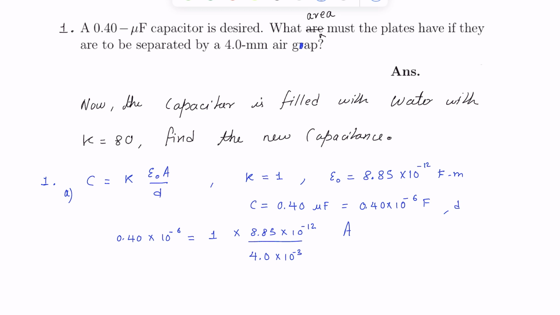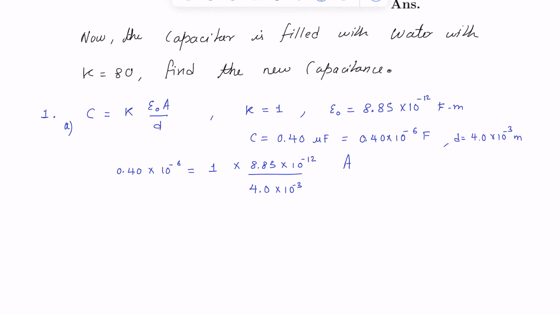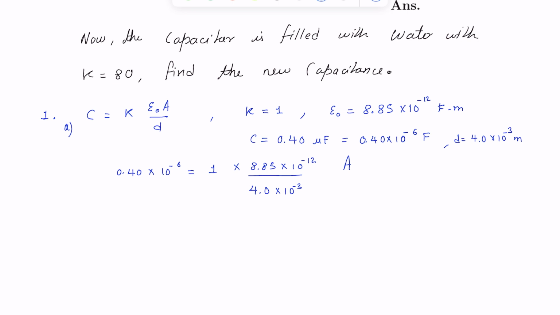D equals 4.0 times 10 to the minus 3 meters, because it's 4 mm. You multiply both sides by 4.0 times 10 to the minus 3, divide both sides by 8.85 times 10 to the minus 12, and if you do that, you get area A equal to 180.8 meters square.